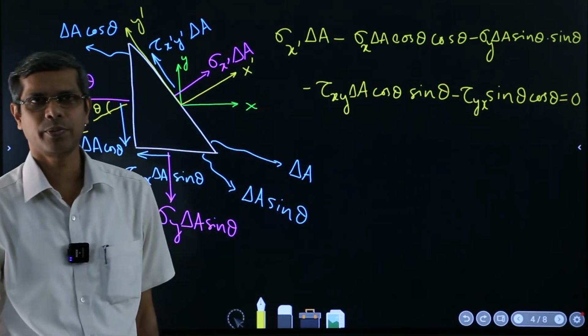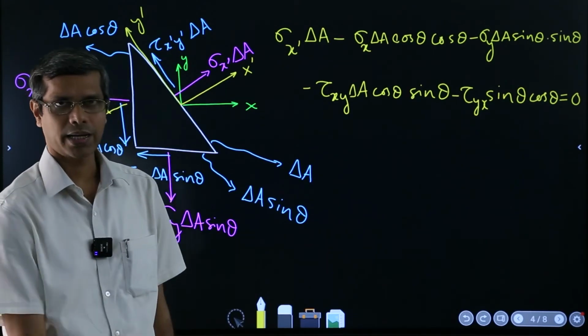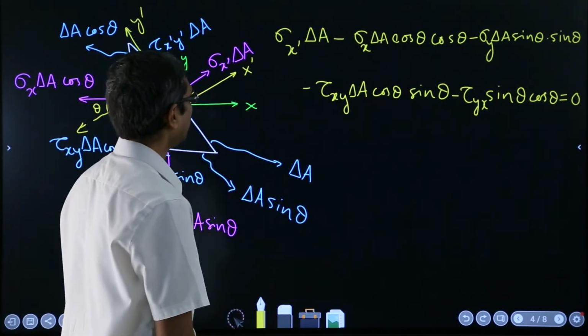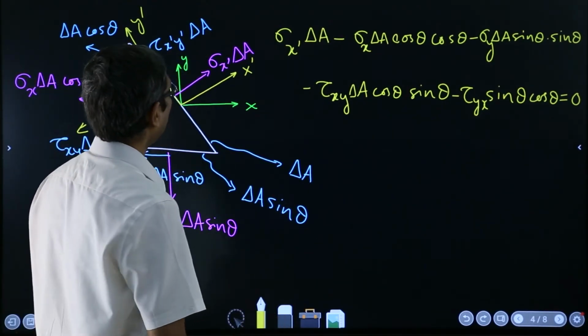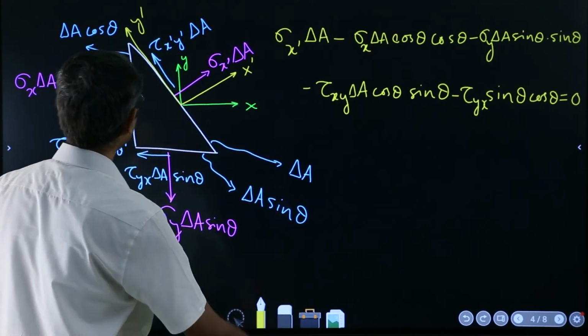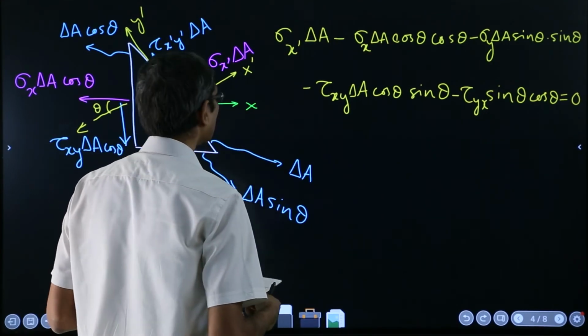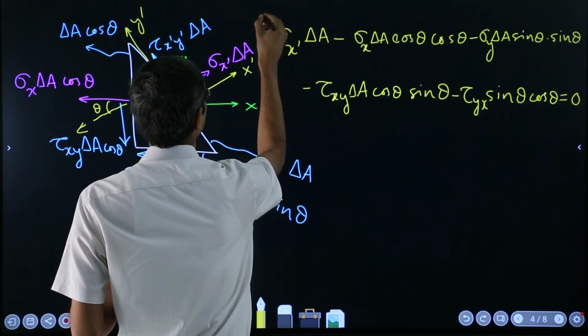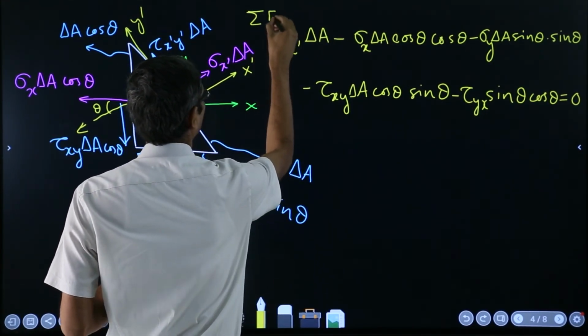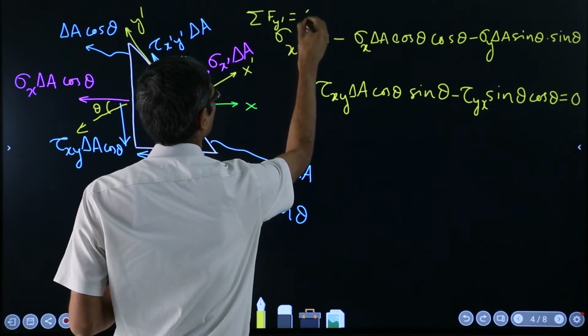So, that is the equilibrium equation in the x primed direction, and in the same way you can write the equilibrium of force in the y prime direction. I will just write it down for you. This is the summation of all the forces in y prime equal to 0.